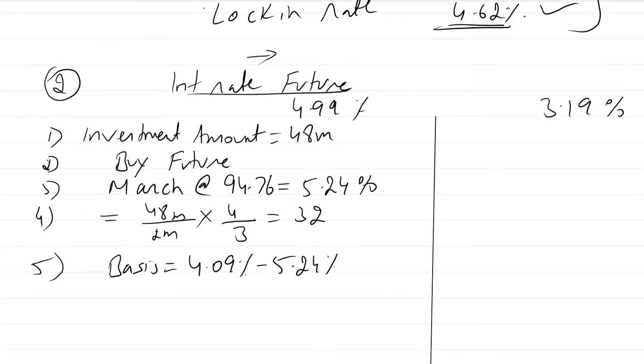Remember, always write the date here. This is 1st November and this is 31st March. So the difference is 1.15. It's 5 months, from 1st November to 31st March, but we are going to close 2 months earlier on 1st February. So remaining basis is 0.46%.